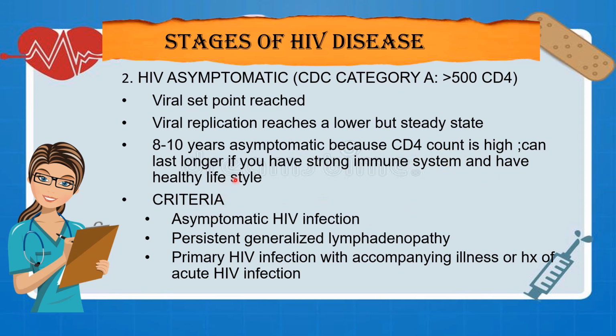That can last longer if the patient has a strong immune system and a healthy lifestyle. The criteria of the stage include symptomatic HIV infection, persistent generalized lymphadenopathy, and primary HIV infection with accompanying illness or history of acute HIV infection.